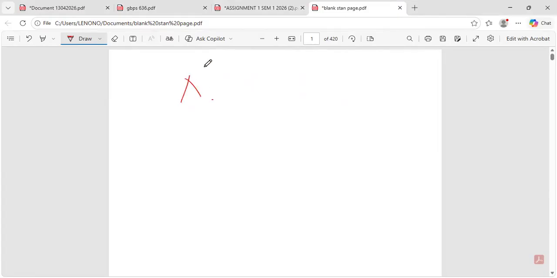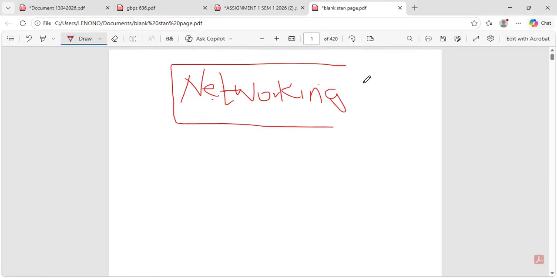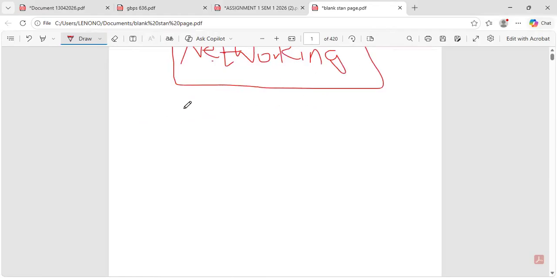Under networking, we are talking about finding what? For this one, we're talking about calculating the project duration.